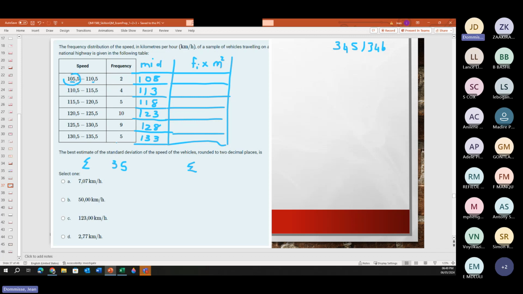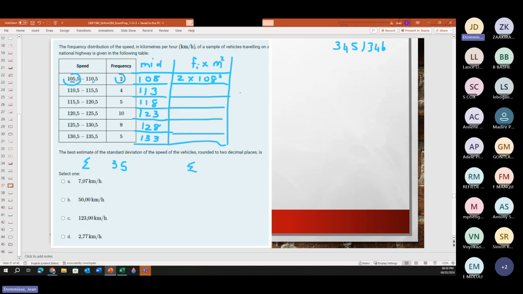So now the part that, again, no issue if we use the calculator. So it's the frequency times that midpoint, which is 108, but to the power of 2.